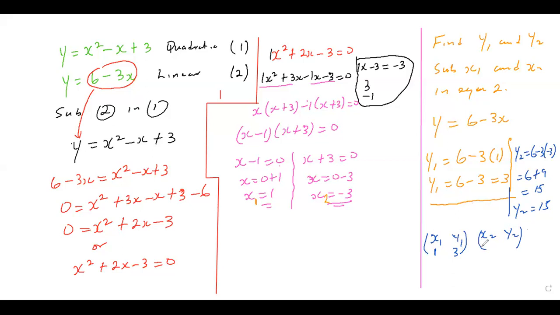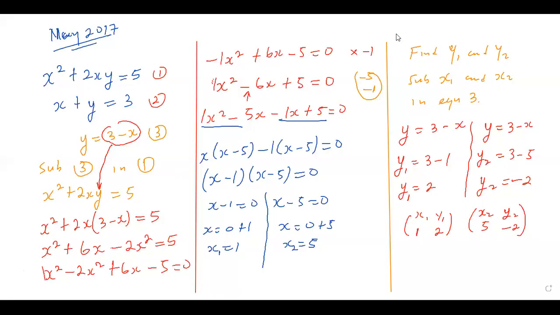Everybody see that? Then when x2 is -3, y2 answer is what? 15. So in other words, we are getting 1 and 3 as one of the answers, and we are getting -3 and 15 as another answer. And this will give you the full marks for this particular question.